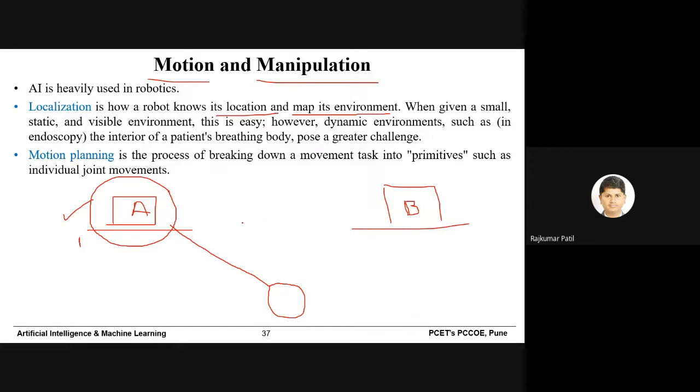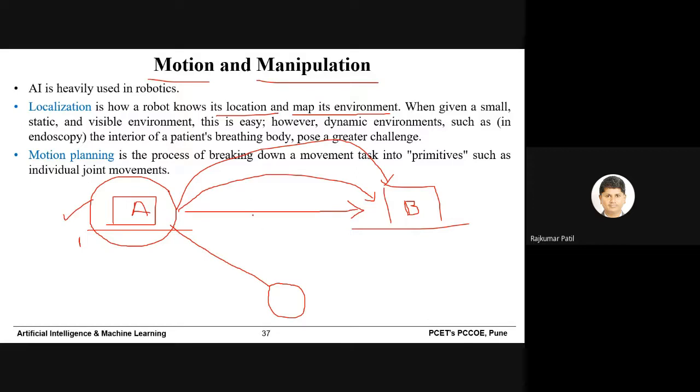Then again it has to check at what place object B is. Accordingly that motion needs to be done, and the system should be in a position to identify the shortest distance to place component A at workstation, let's say B.